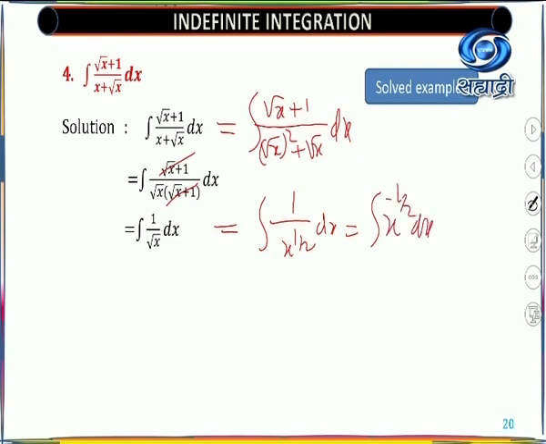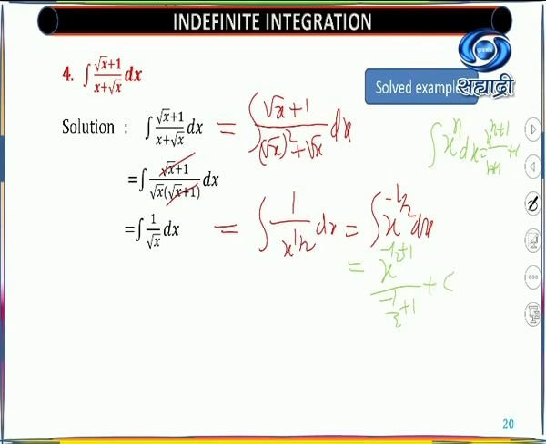Now you are using your formula. Which formula we are using? Integration of x raised to n dx, that is x raised to n plus 1 upon n plus 1 plus constant of integration. That formula we are going to use here. So you will get this as x raised to minus half plus 1 upon minus half plus 1 plus constant of integration.